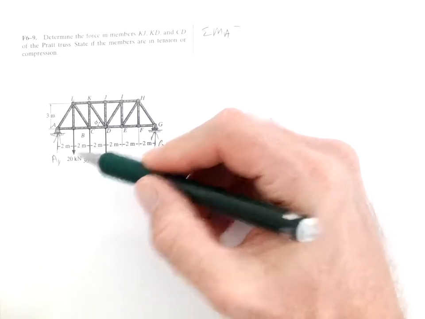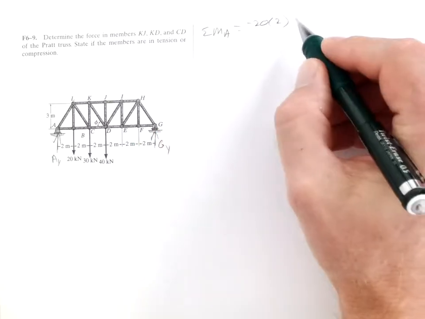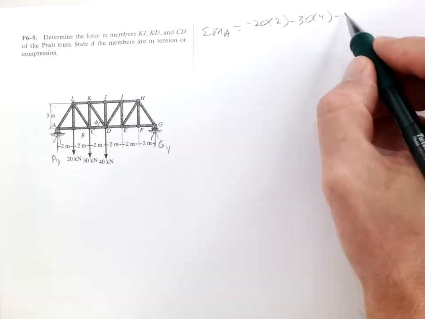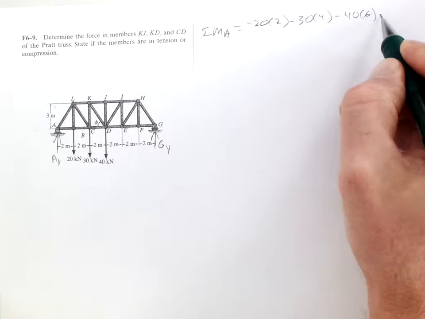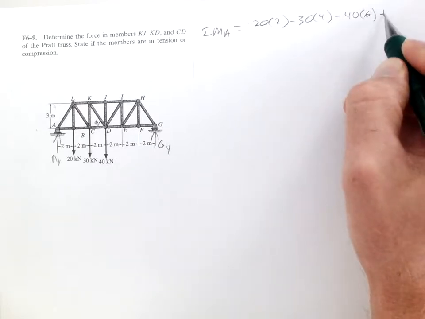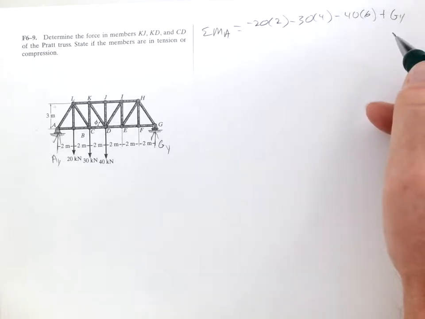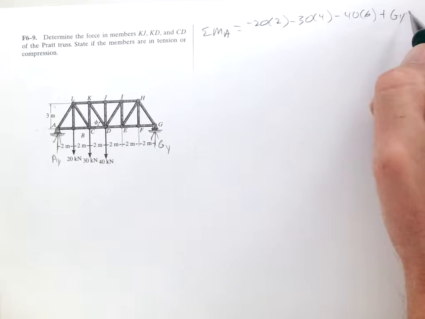I get negative 20 times 2, negative 30 times 4, negative 40 times 6, and positive Gy times 12 equals 0.